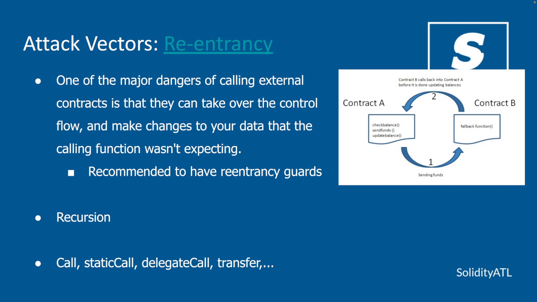One way it can happen is, instead of contract A being check balance, send funds, update balance, imagine there was a second step where it gets the price of this token, because it needs to know how many tokens to send based on the price. Just for the sake of this example, between checking the balance and sending funds, there's a step to check the price.